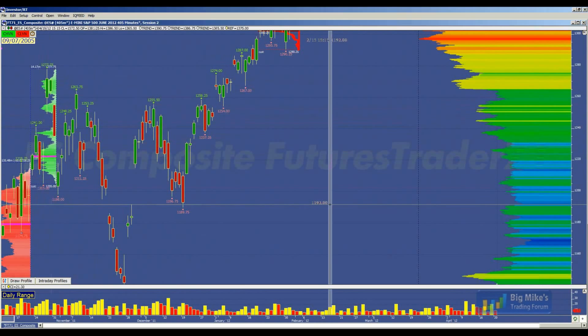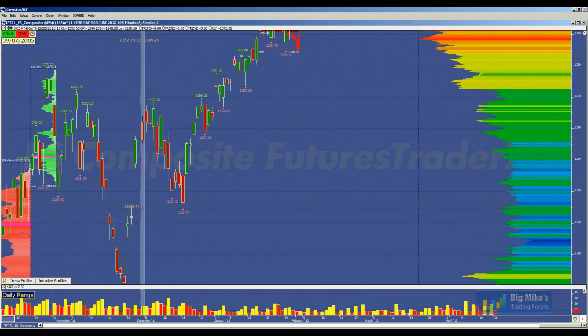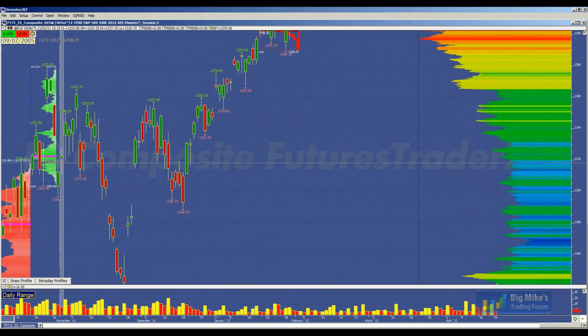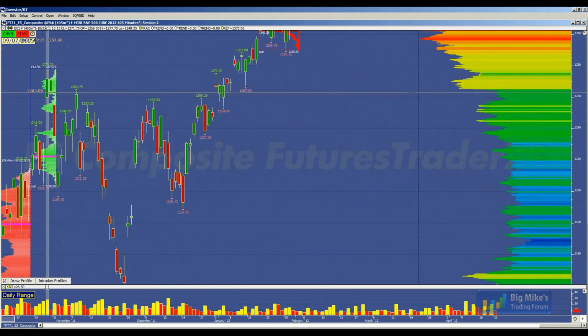If you remember, for those of you who attended the first talk I gave on Big Mike, I talked about volume and volume profiling and accepted prices and rejected prices. And I'm applying the same knowledge to this. I'm looking at where did the market trade with volume? This is a high volume node right here.